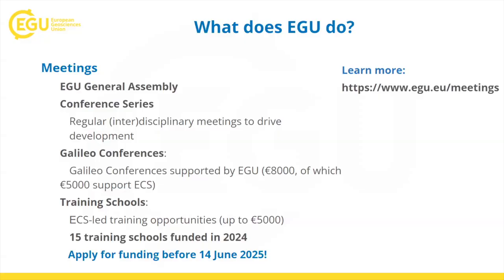Last year we had 15 of these ECS training schools funded, and we currently have applications open for this year's intake as well. So if you're an early career scientist and you want funding for a particular type of training, then apply before the 14th of June. I suggest you do this as part of a team.